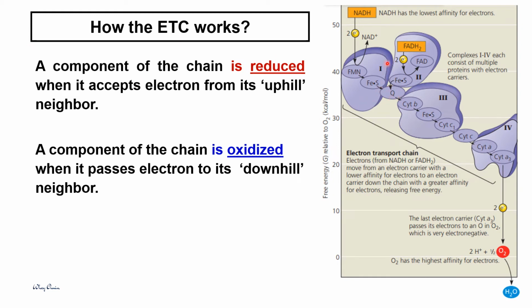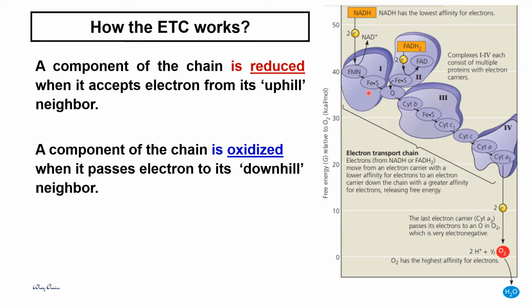So now complex 1 is oxidized because it passes the electrons to ubiquinone, and ubiquinone is reduced because it accepts the electrons from complex 1. Whenever the electron is passed from a high-energy molecule to a lower free energy molecule, energy is released during the electron flow.